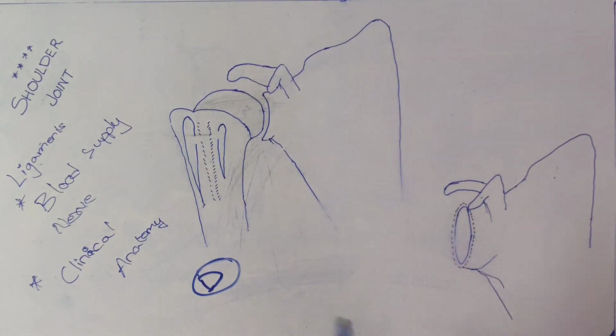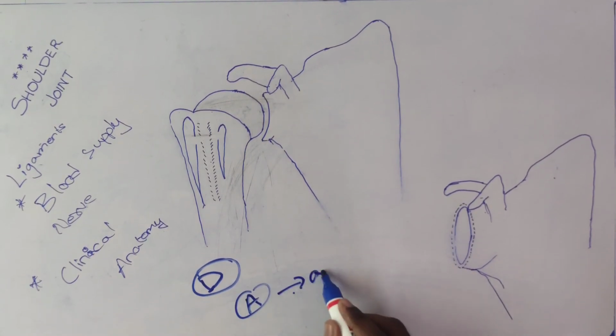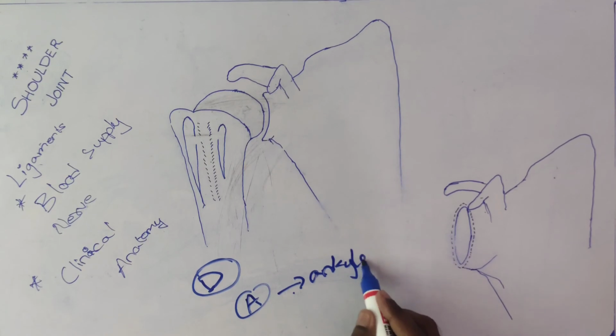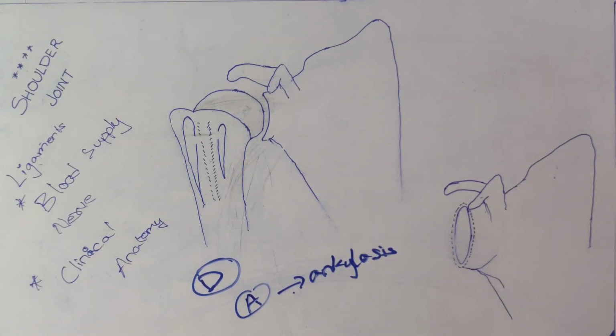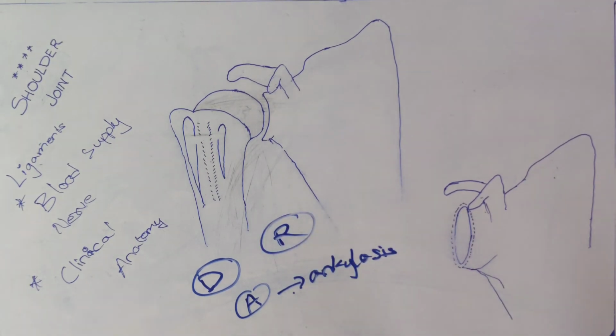Next, ankylosis, spelled ANKYLOSIS. Okay, ankylosis means joint stiffness. The next clinical anatomy is referred pain. Referred pain means the pain occurs irrespective of the place or region.